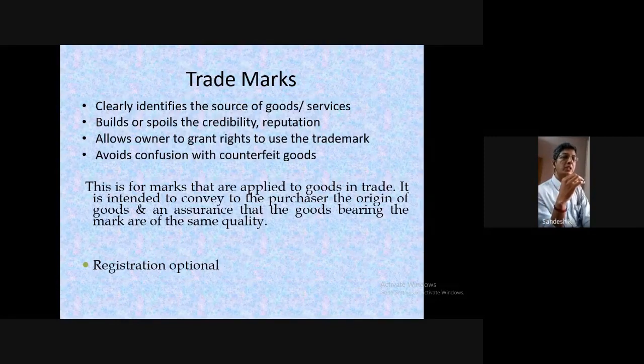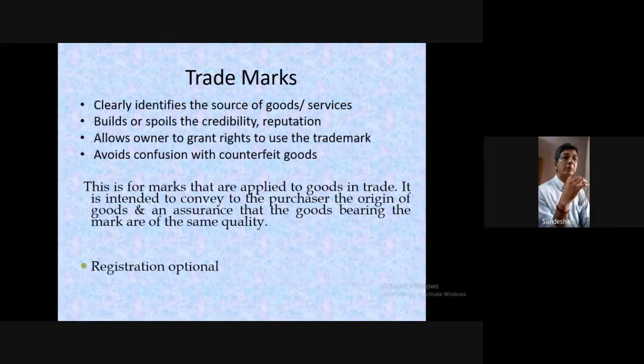So it is especially for goods. If the product is not in trade, then it cannot be called a trademark. It will not have any commercial value then. So it's a tradable commodity, trademark it is. It also gives the purchaser the origin of goods, from where it has come, and all such kind of information.